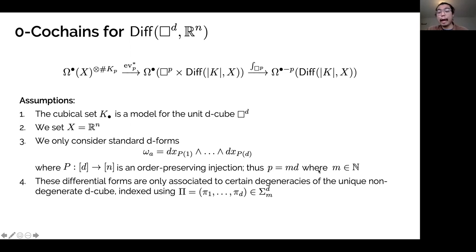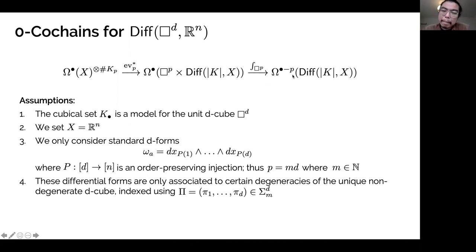So M can be any natural number, but this M is just going to be a different grading that we are using, which represents which multiple of D. So this is the number of standard D forms that we're going to be using in this zero cochain. Okay, so you mean the size of the image of P? Yes, sorry.